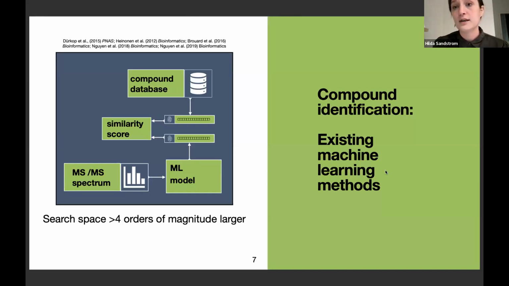And then the highest scoring compound is identified as the compound that you are searching for. The benefit here is that we gain access to a much larger compound space to search, of more than 4 orders of magnitude larger than that which is collected in these mass spectral libraries.